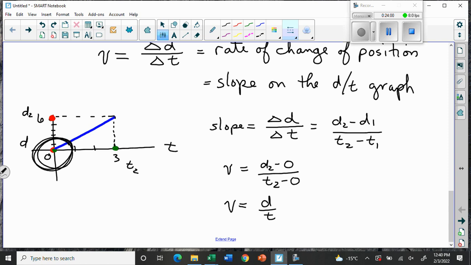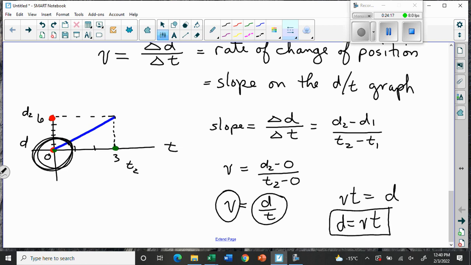And then if we multiply both sides of this equation by t, we get vt equals d. Remember, you can multiply by anything you want, as long as you do the same to both sides. And if we write that in the mirror, we get this little equation, a very common shortcut way of writing this equation right here.